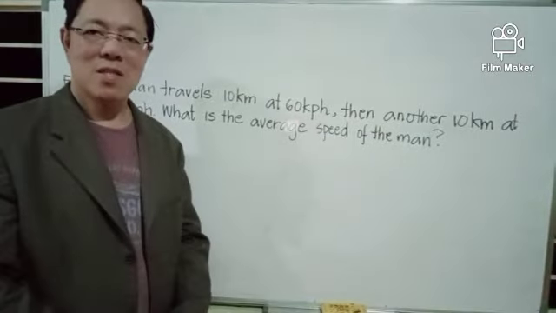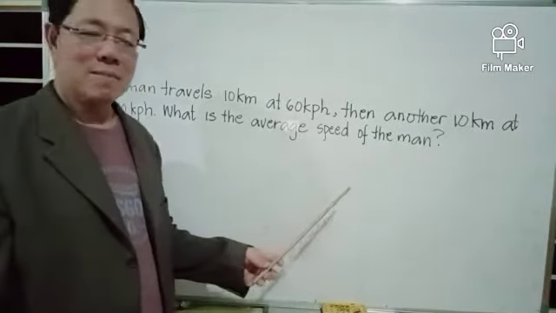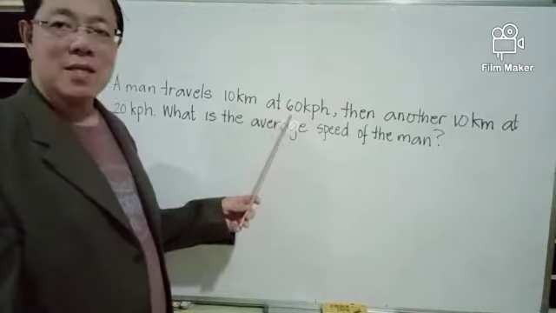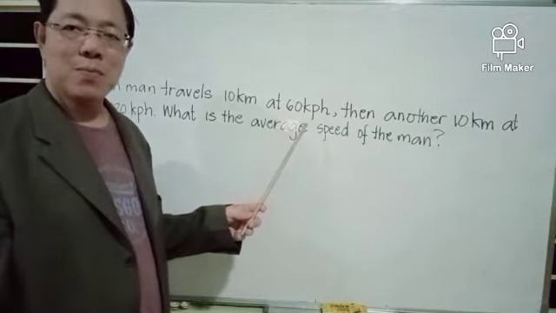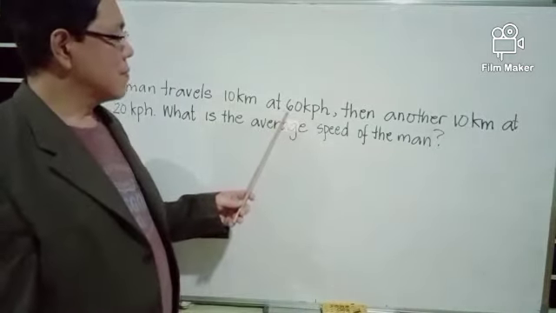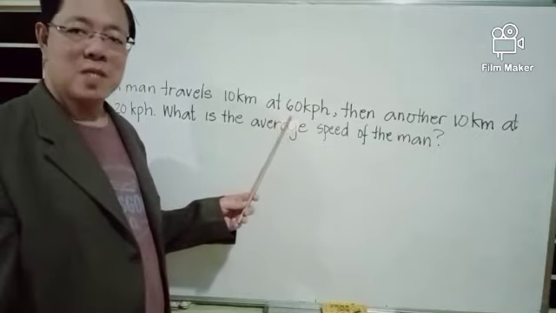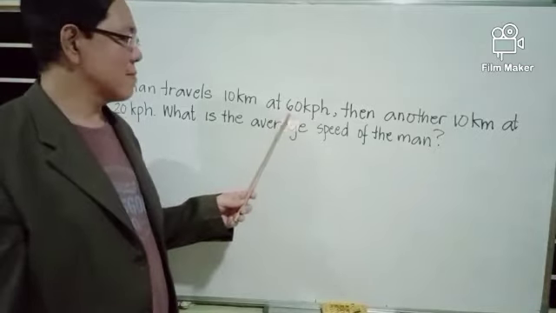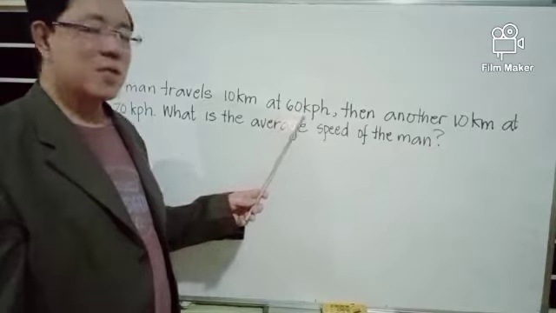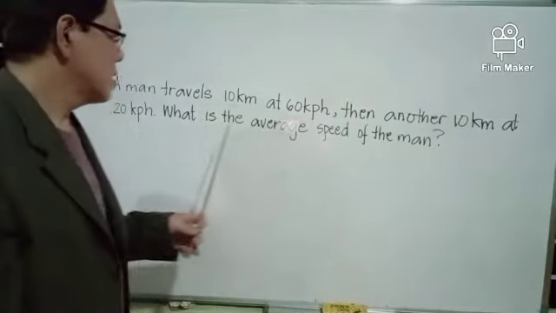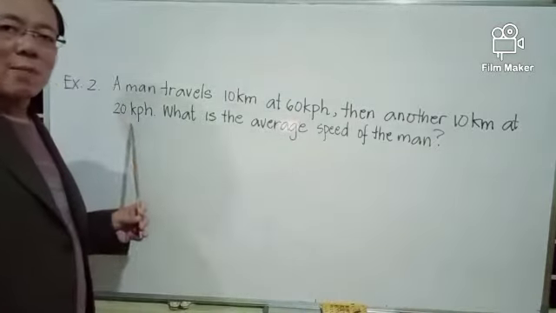To get the average speed of the man, we get the harmonic mean of the two speeds. Speed is a rate, 60 kilometers per hour and 20 kilometers per hour.